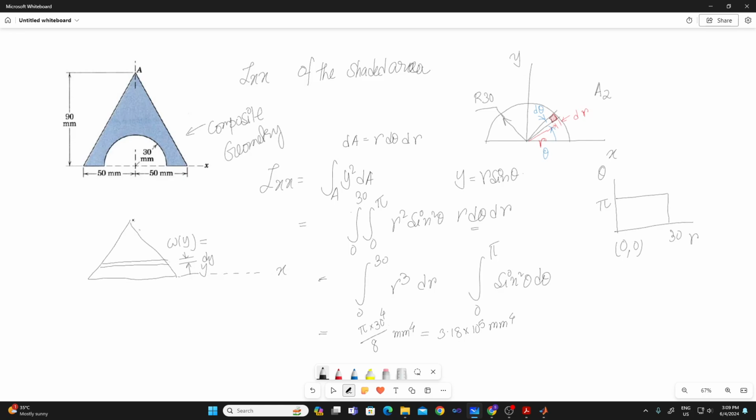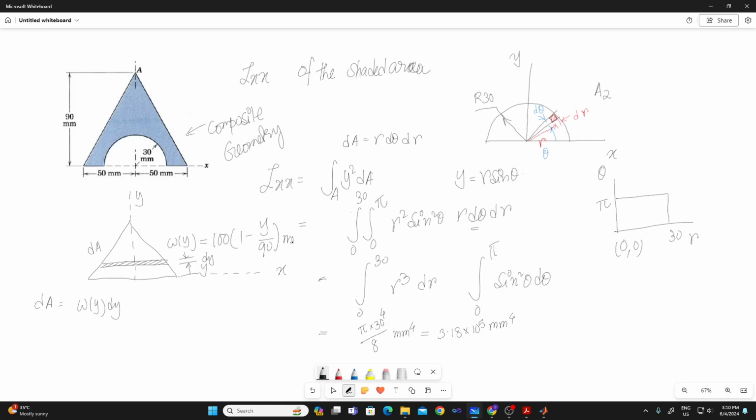This is the x-axis, and this is the y-axis, and this is my preferred differential area dA. dA is w of y times dy, and w of y in this case should be 100 times 1 minus y by 90.